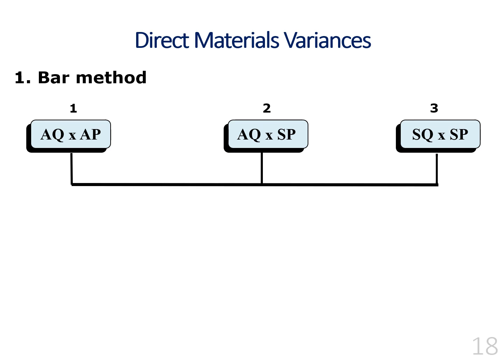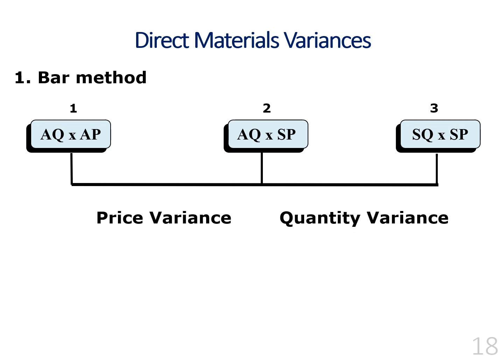The first group, we compare with the second group, then we can get the price variance. While the second group compared with the third group, we can get the quantity variance. If the first group is bigger than the second group, then it is unfavorable.